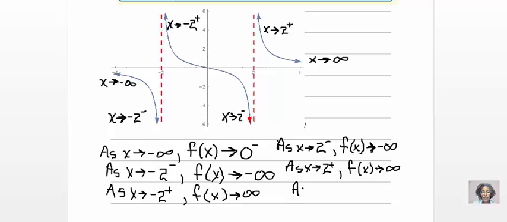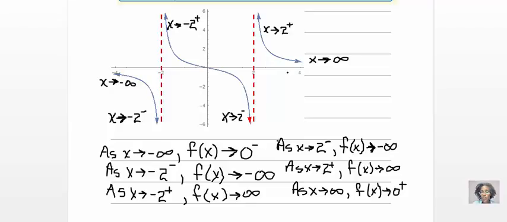And then as x goes to infinity, f of x is going to 0 from above. So the y values are getting closer and closer to the x-axis.